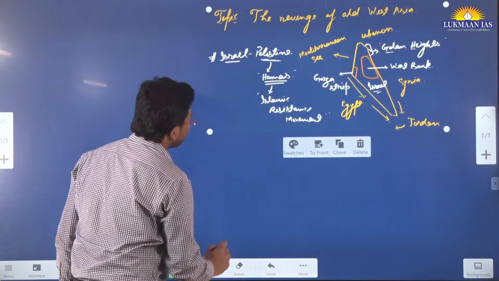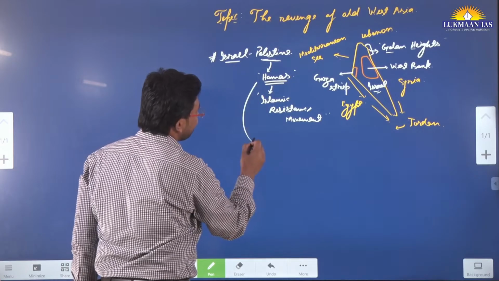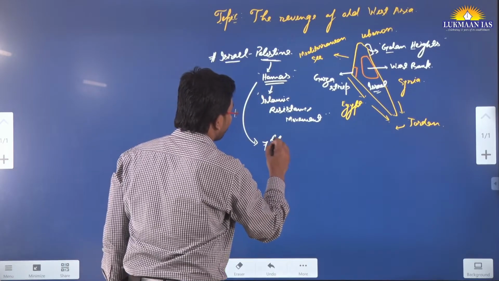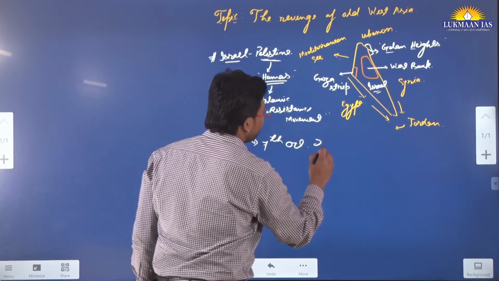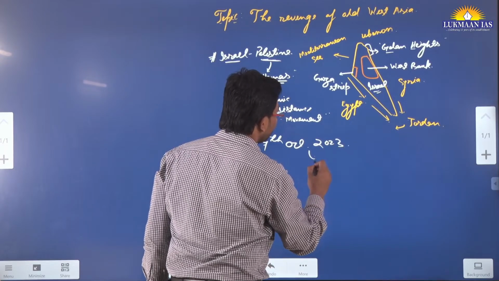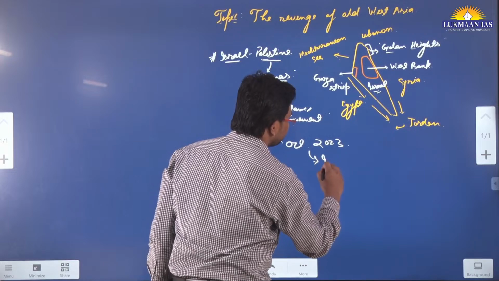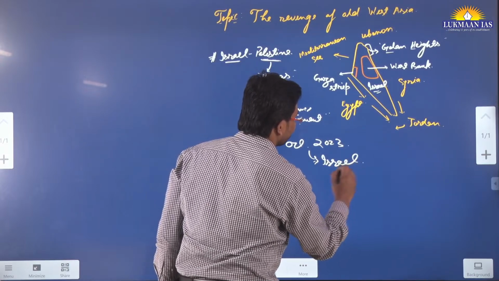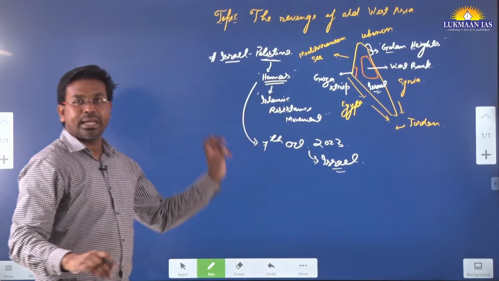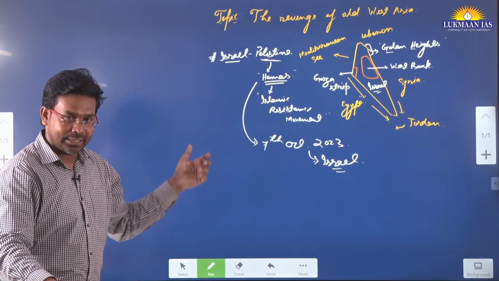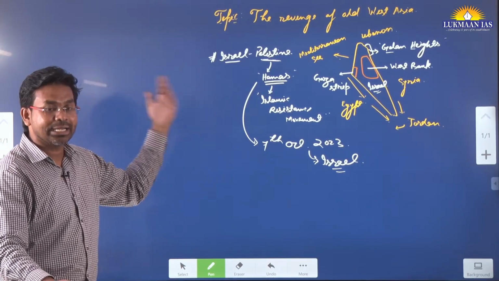Hamas conducted an attack on 7th of October 2023 on Israel. Now, in retaliation to that attack, Israel is attacking the Gaza Strip.